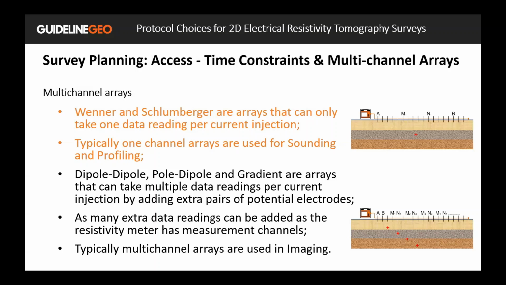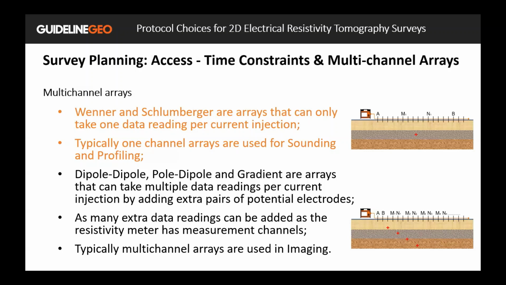So that means if you've got, say, 300 or 400 readings to take with your Wenner or Schlumberger array, then you've got to inject current 300 or 400 times. So that's at least 300 or 400 cycles before we start to look at the potential for stacking measurements, that's repeating them several times to improve signal to noise ratio.